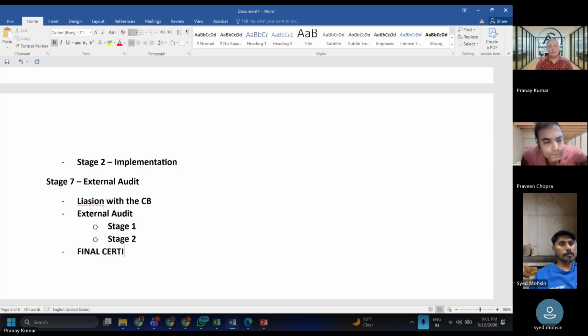Okay. So in stage 1 we are checking the documentation. In stage 2 we are checking the implementation. All ISO certificates are valid for 3 years.